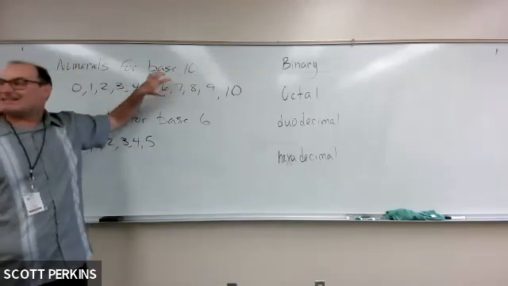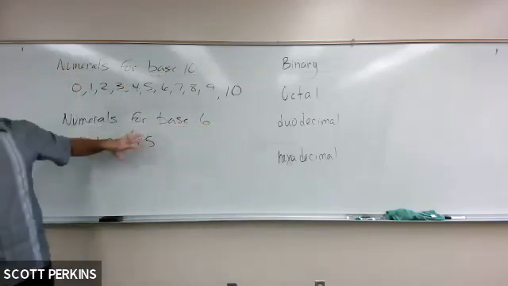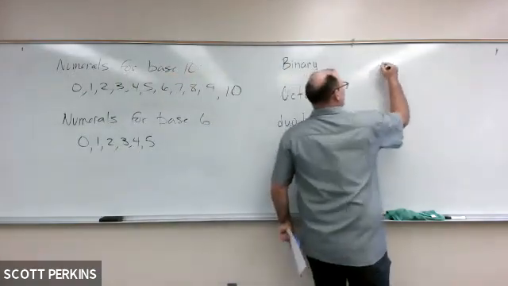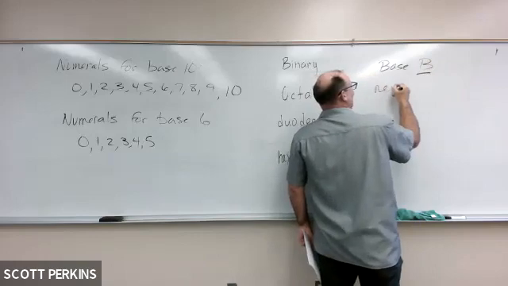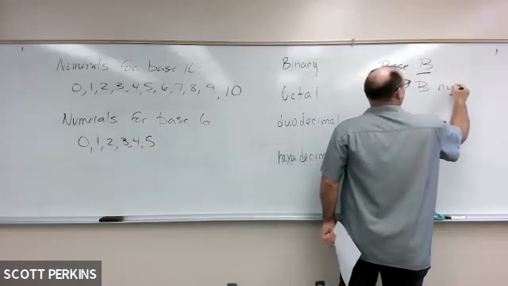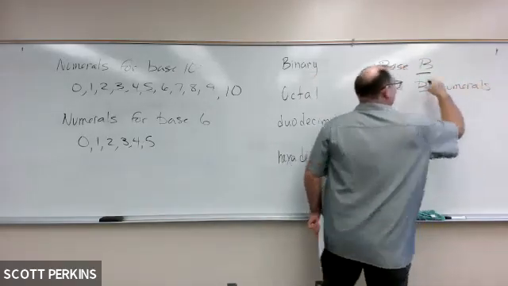Base 10 needed 10 numerals. Base 6 needs 6 numerals. So if you have base B, whatever the value of B is, you need to have B numerals. Whatever number that is, B is just a number.